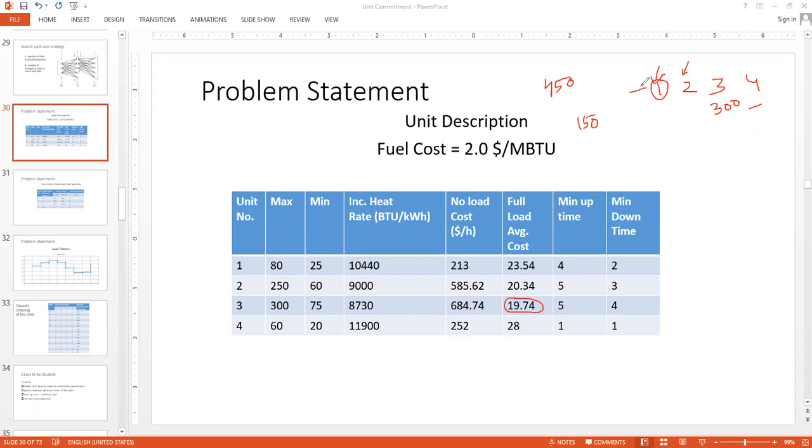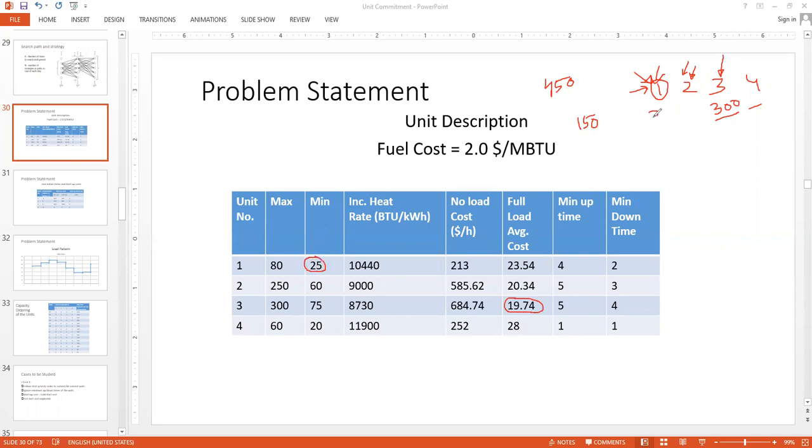Remember, among these 3, 1, 2 and 3, the costliest unit is unit number 1. So what we are simply doing, if there are 3 units, we are first picking the maximum possible from the least cost unit. Then we are jumping to the highest cost unit, and there we are satisfying the minimum.